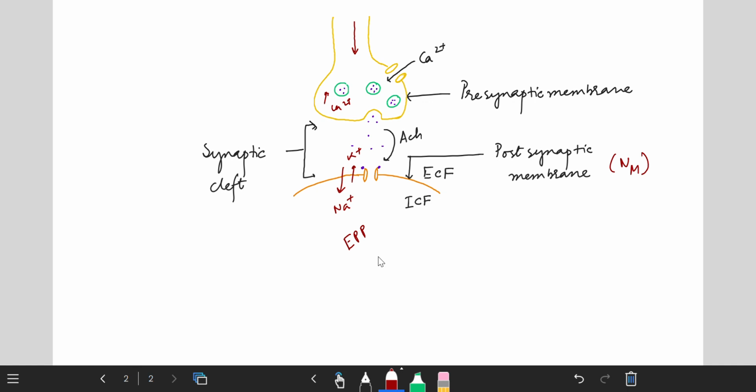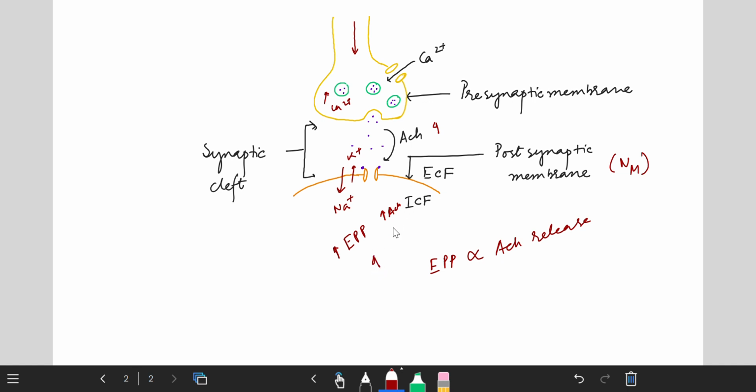It means when the end plate potential increases, obviously acetylcholine release increases. It means the end plate potential is directly proportional to the acetylcholine release. If the amount of acetylcholine release is, suppose, 4, obviously it will create an EPP of amount 4.